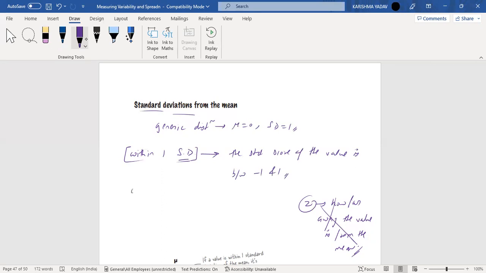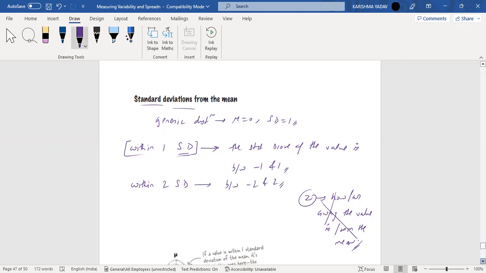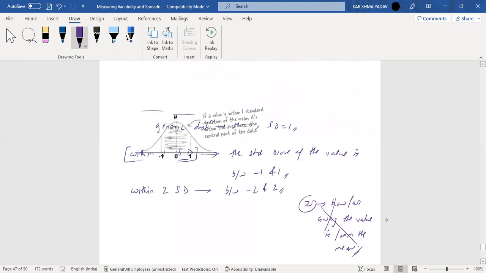Similarly, when we say that my value is within two standard deviations, it means that the standard score of the value is between -2 and 2. Look at it here, we have this graph.